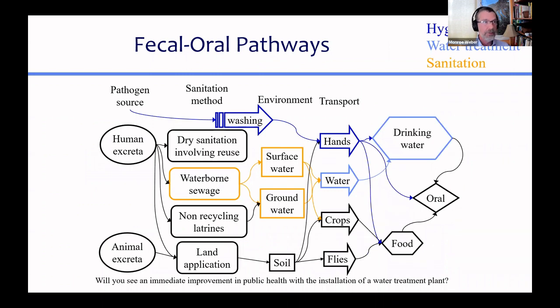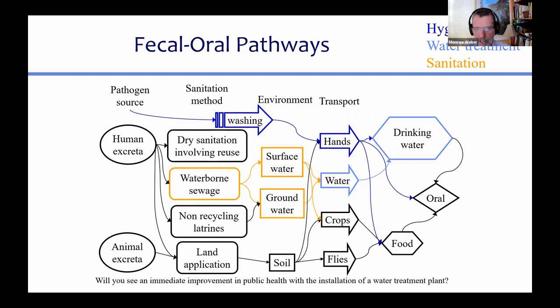And now you're realizing, oh, there's this fecal oral pathway. So people who get infected with these waterborne diseases then have excrement that's loaded with those pathogens. And so we want to break this fecal oral pathway. And this is showing there are tons of ways that you can go from human excrement.